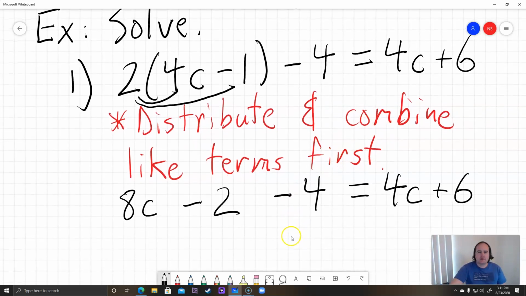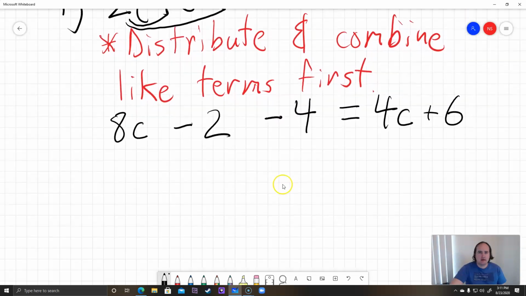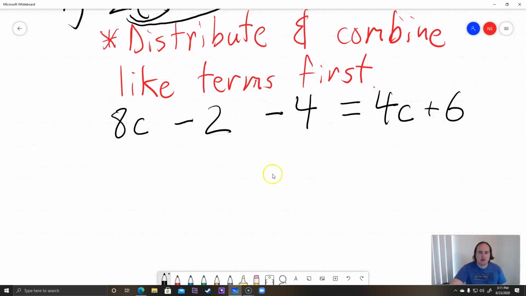So what are the like terms that we have here? On the left side we have negative 2 and negative 4. Those are like terms because they both have no variable. There's no other like terms here, because on the right side, the first term has a c and the second term doesn't have a c.